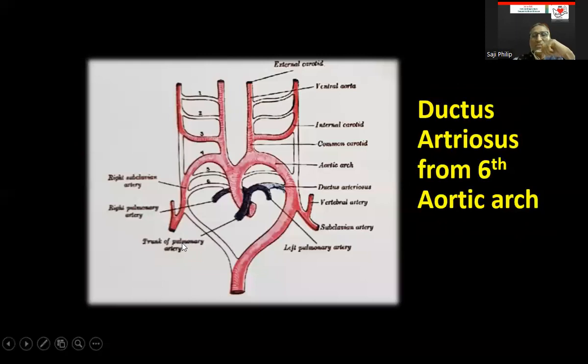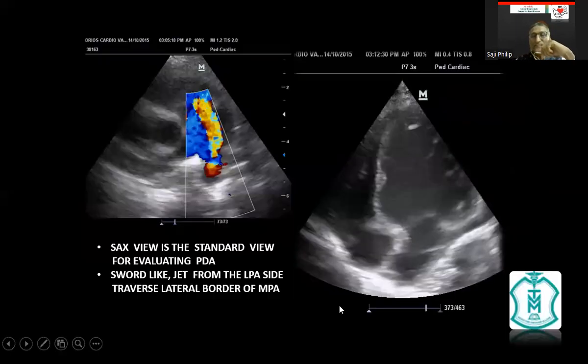So the ductus arteriosus arises from the 6th aortic arch, and the right side portion will regress. Here you can see the short axis view of the aorta and PA, with a dilated PA. The blue color is forward flow in the PA, going away from the probe, and red is towards the probe.